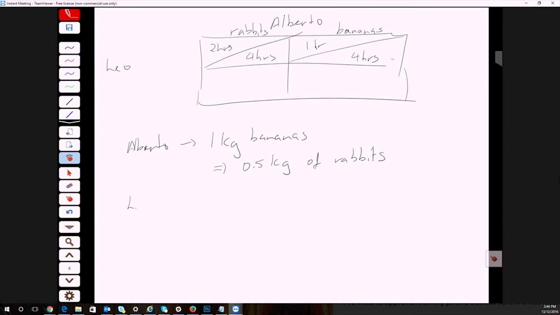How about for Leo? If we look at a kilo of bananas, it takes him 4 hours, and that 4 hours could have been used to collect rabbits. So it is 1 kilo of rabbits.